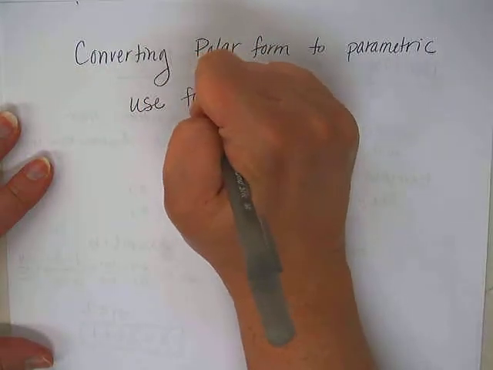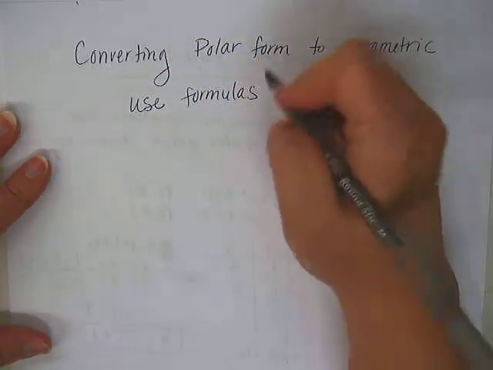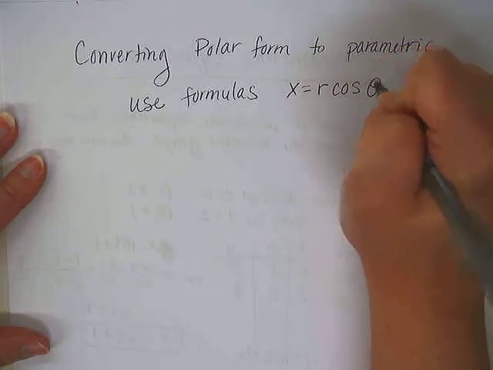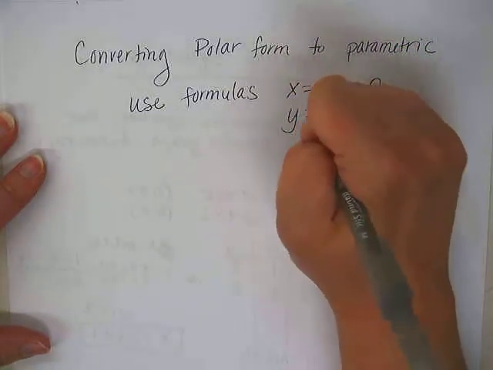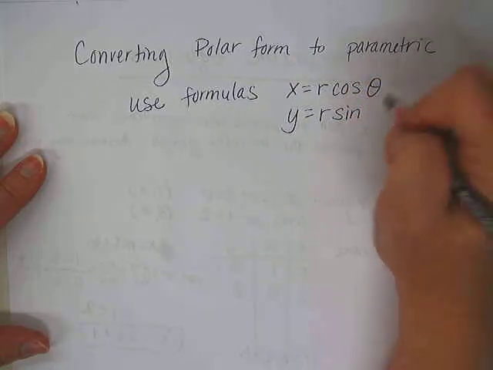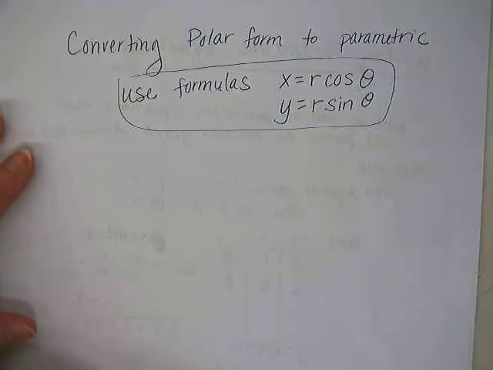polar form to parametric. So we're going to use some formulas we learned in section 6.4. So not new formulas, something you already need to learn and remember, so we're not really changing that.